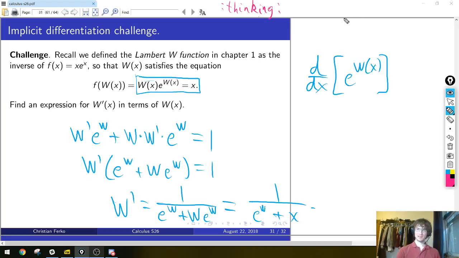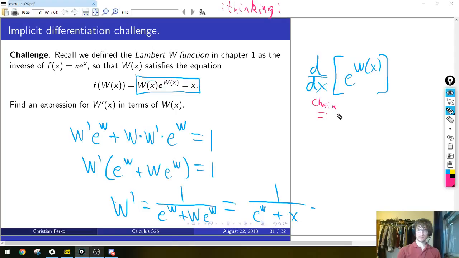There's an outer function, which is e to the x, and an inner function, which is w. Right? Good. So, can you say the remainder of the words that come after that? So this is by the chain rule, I am pretty sure.